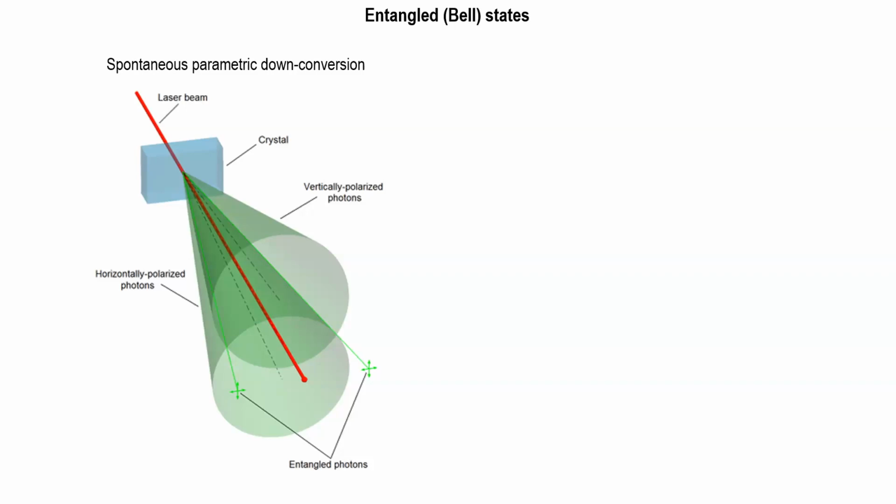In the input you have a laser beam which consists of maybe single photons. They arrive at the crystal, which is considered to be very strongly nonlinear, with so-called second order nonlinearity.